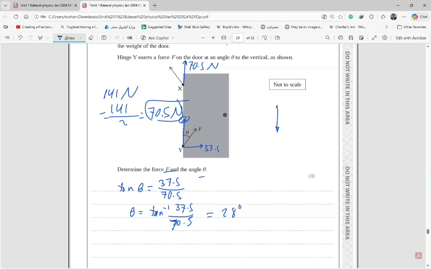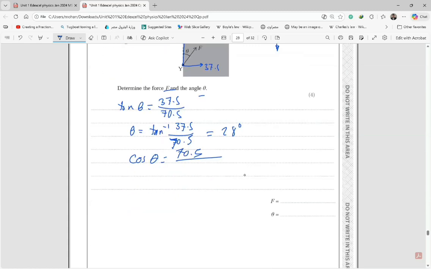This means cosine theta equals this force, which is half of the weight, 70.5, over this one, which is F, what we need to get. You know that cosine equals adjacent over hypotenuse. This means F equals 70.5 over cosine 28.